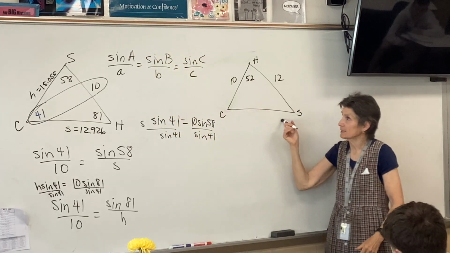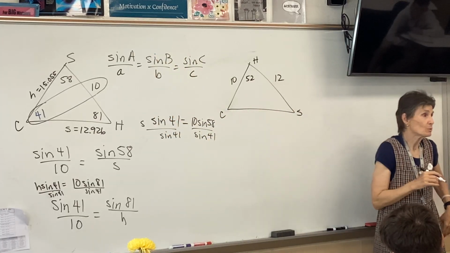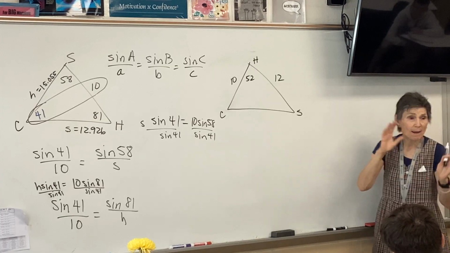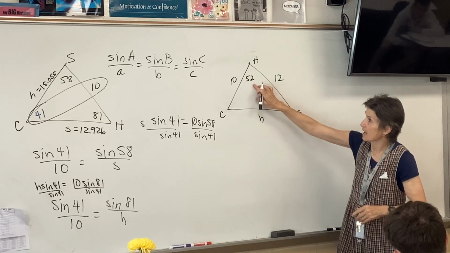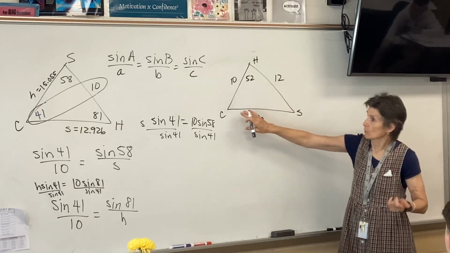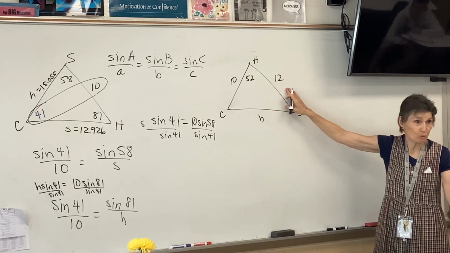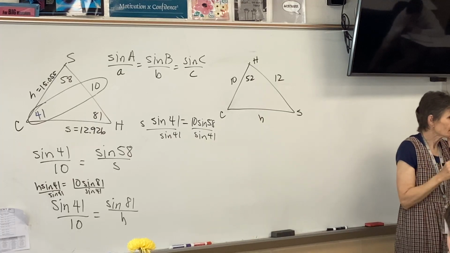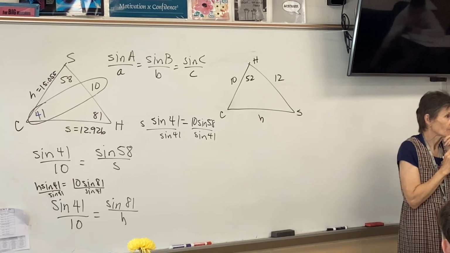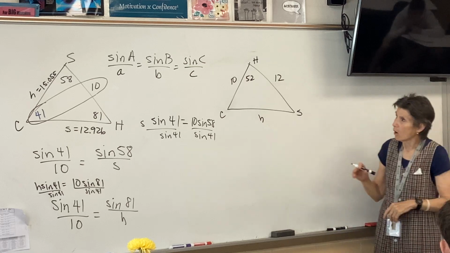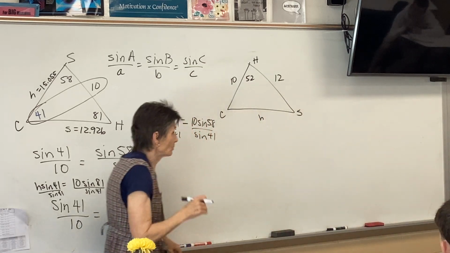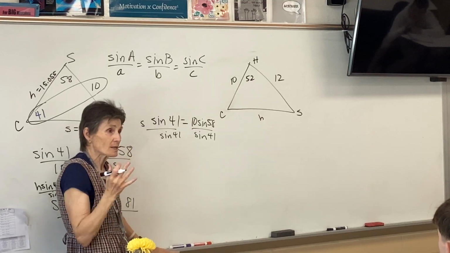So when you look at this next triangle, you see that the law of sines, while it is absolutely true, that sine 52 over h equals sine c over 12, that is true. I just can't solve it because I got too many variables in the wrong places. So if the law of sines doesn't work, then we'll do what Charlie said, we'll use cosines.